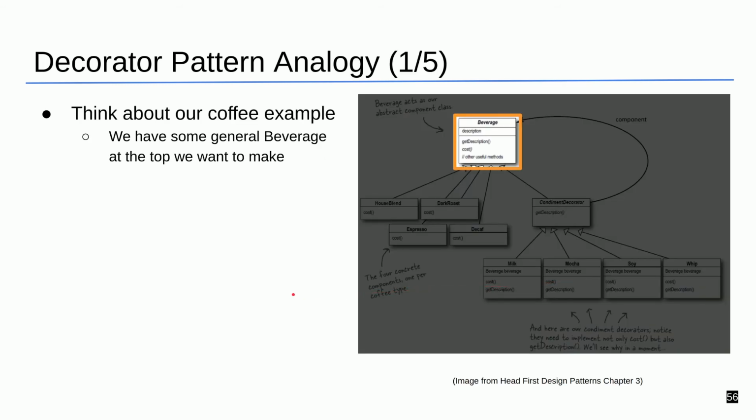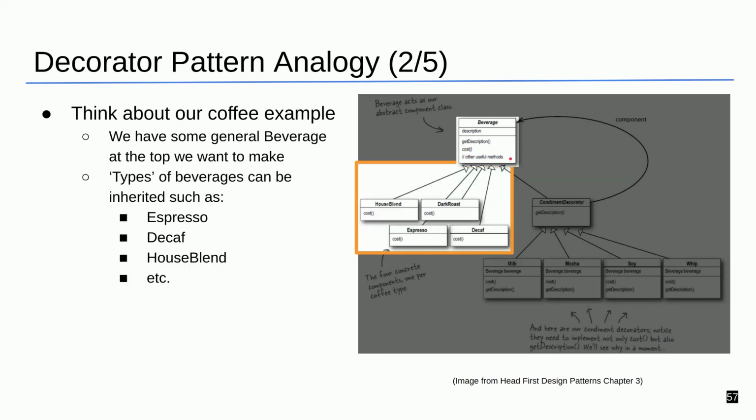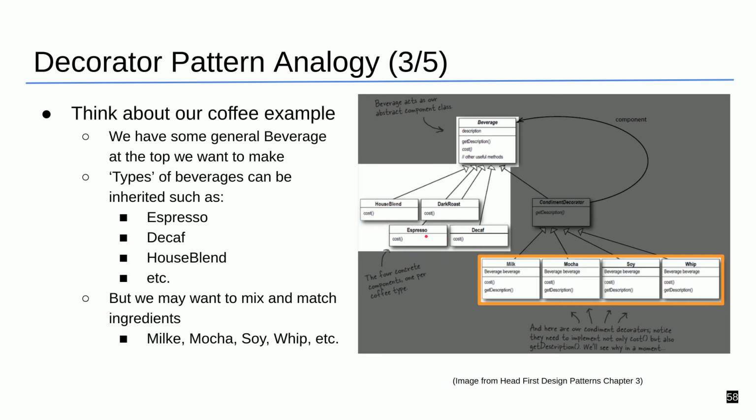So let's think about this with our coffee example, just something to run with here. We have some general beverage at the top that we want to make. This is our most abstract class, or our base class where we're going to derive from. And then we have the different types here: the house blend, the dark roast, espresso, decaf, and so on. And they just have a very basic cost for each of these, okay?